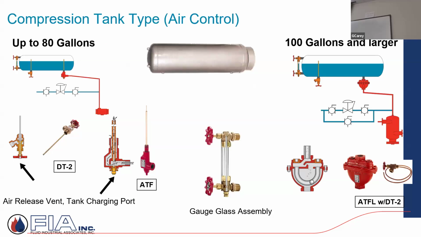Again, almost for historical purposes only, these are just some of the different components that were needed, which you can see is quite a collection of all these different accessories to go with that old steel tank. When you look from the outside, you can't see inside because it's steel. This was before the butyl diaphragm was available or being used. So the air and the water touched each other.